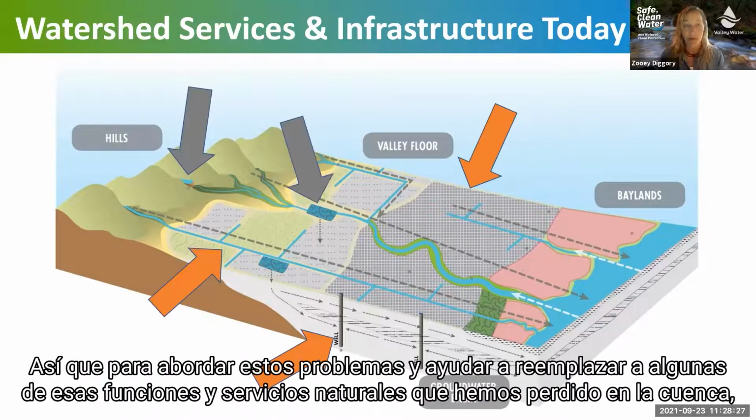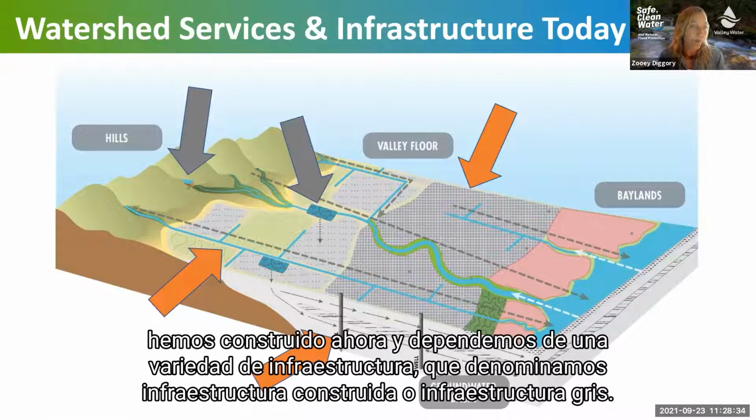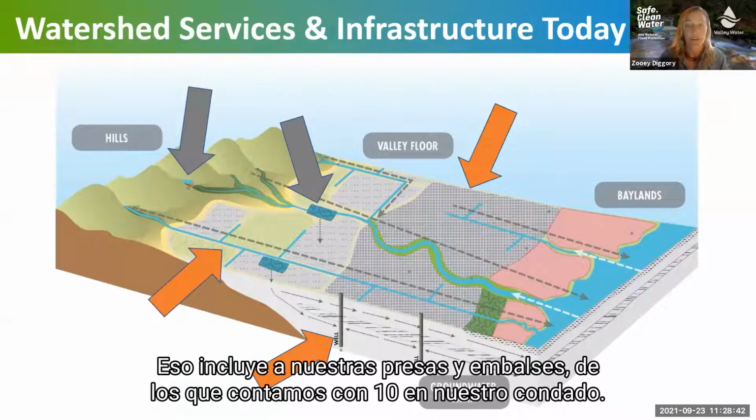Okay, so for our next one, thank you. To address these problems and help replace some of those natural functions and services that we lost in the watershed, we've now built and depend on a variety of infrastructure, which we refer to as built or gray infrastructure. So that includes our dams and reservoirs, which we have 10 of in our county.